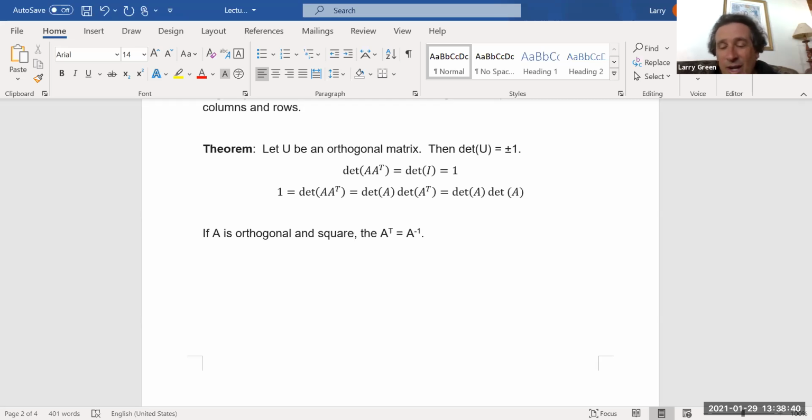Okay, it's really nice because transpose is really easy to take and inverse is really hard to do. So that's the main reason. In fact, if you had a 100 by 100 matrix and you want to take an inverse and you have a computer, how long do you think it'll take? Any guess? Some general 100 by 100 matrix. A few seconds? No, it'll crash the computer. It turns out the number of operations needed to do the inverse is of the order of n factorial, and 100 factorial is too big for a computer.